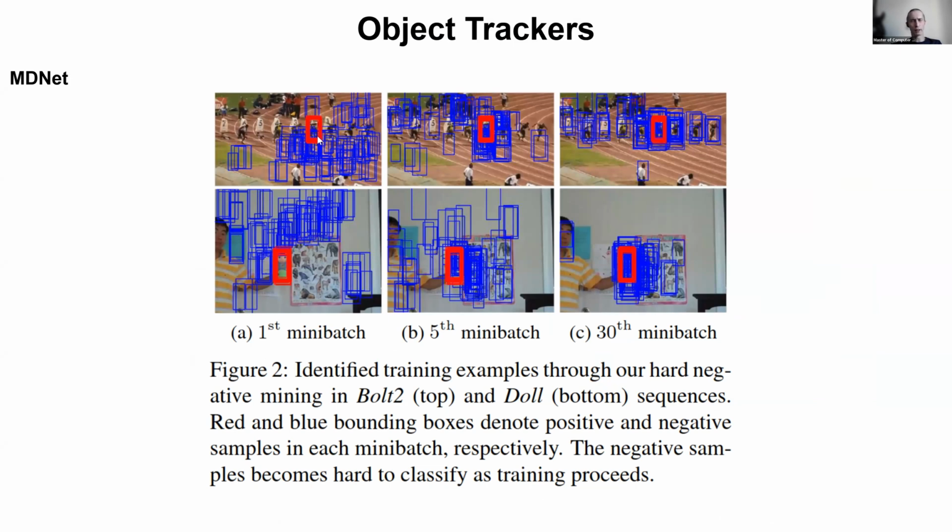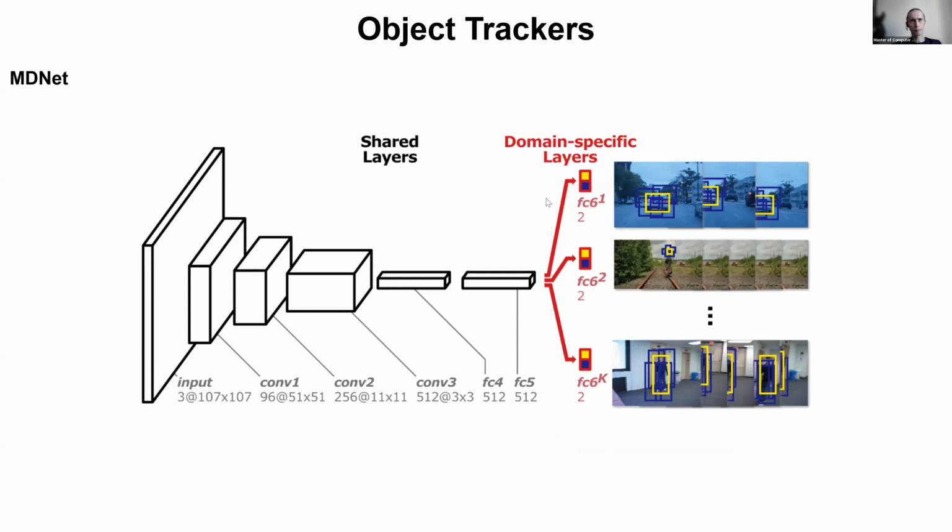Positive ones, by the way, have high intersection over union with the object itself, and negative ones have low intersection over union, you see. And we challenge our separate heads to solve a binary classification problem, just to distinguish positive crops from negative ones. Looks like an object detection simulation, right? But there is no object detector here, though.